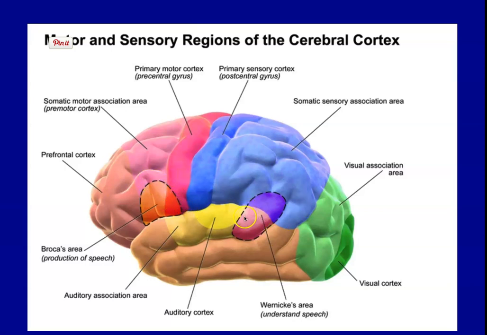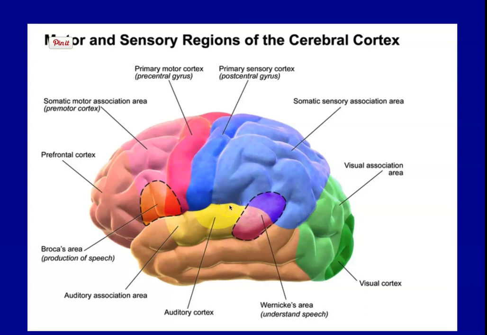And then here's your other one. You're going to draw this one in. It crosses in from the temporal area, and it goes up into the parietal lobe here. And this is called Wernicke's area. And this is important for our understanding of speech. This one is also easy to remember because right next door is what we call the auditory cortex or primary auditory cortex.